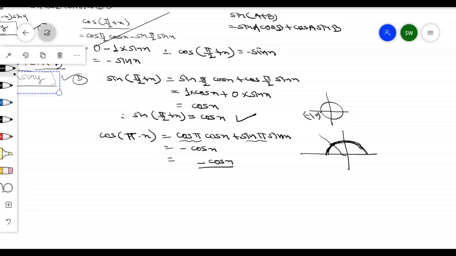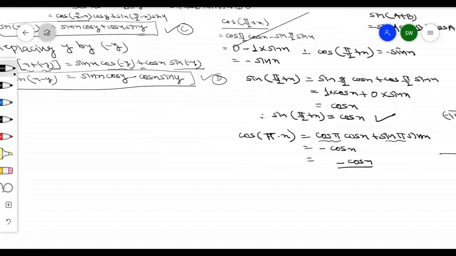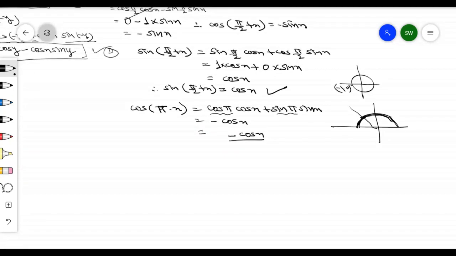Let us take cos(pi plus x). What is cos(pi plus x)? This is equal to cos of a plus b. Cos(a plus b) is cos a into cos b minus sin a into sin b.